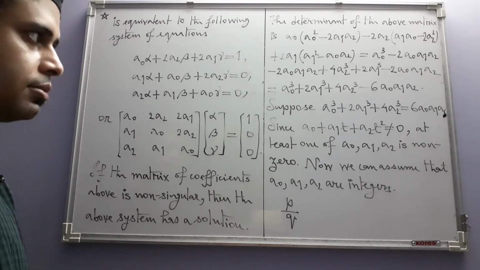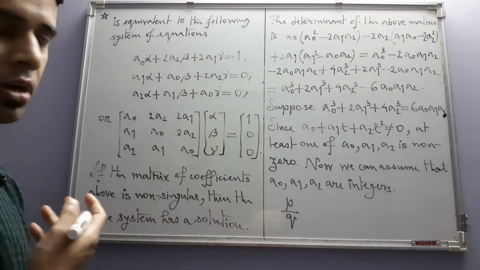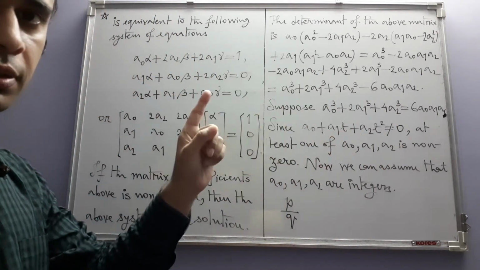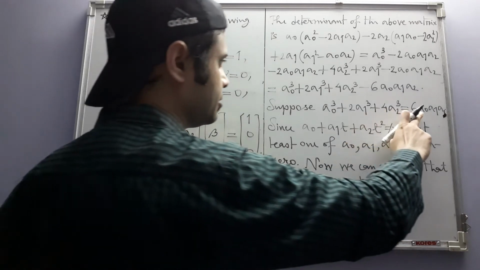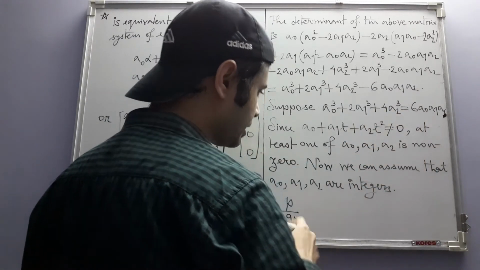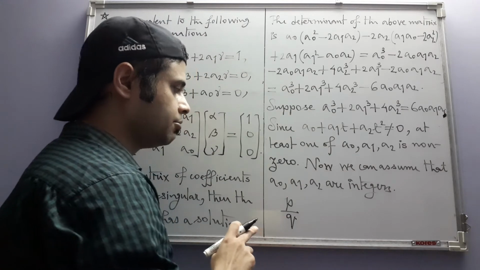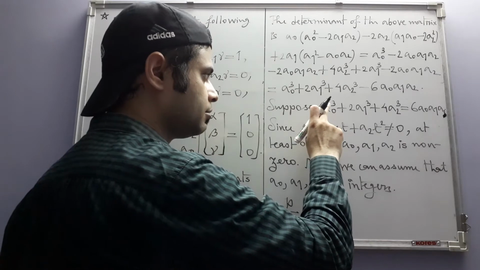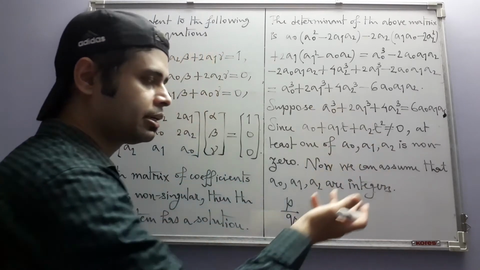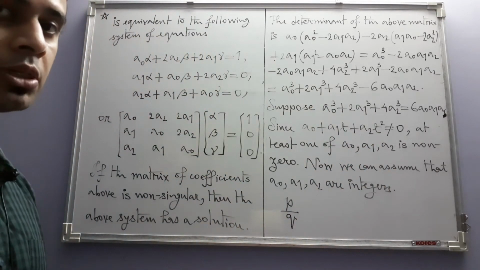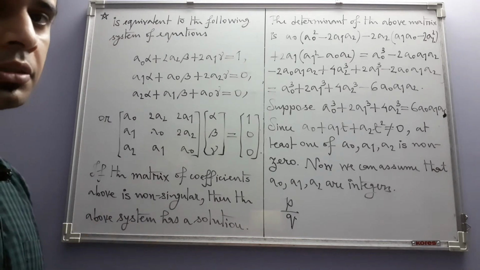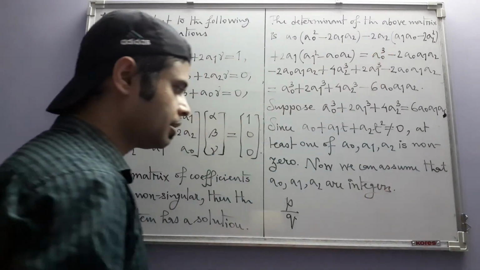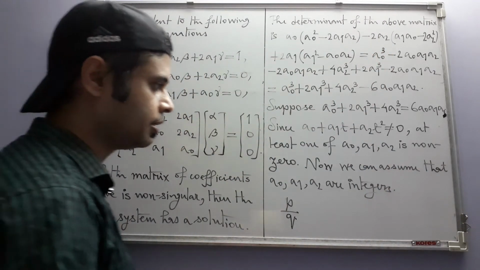So after taking cubes, then taking LCM, and doing some more things, after simplification you will see that you end up with an equation like this, where in place of a0, a1 and a2 you may have some other numbers, but those numbers will be integers. So that's why we can assume without loss of generality that these are integers.